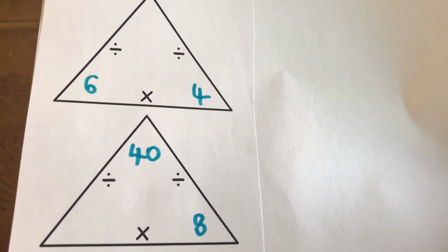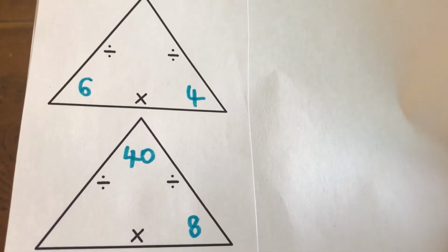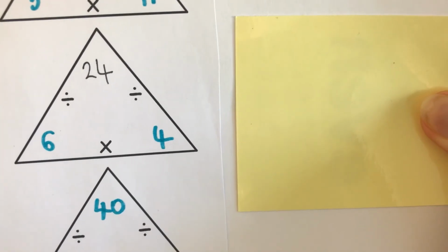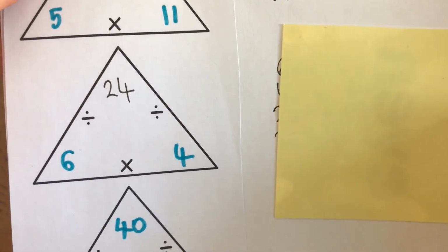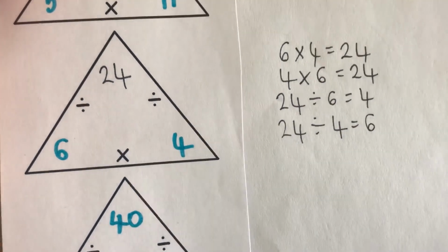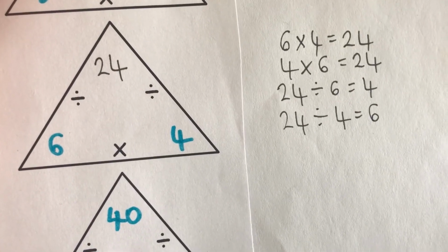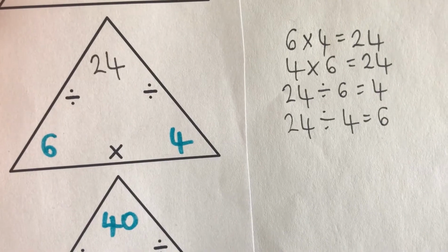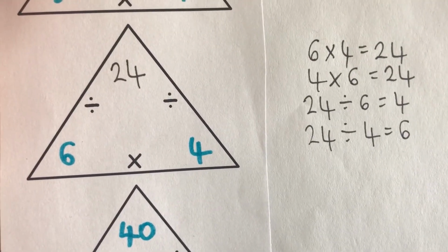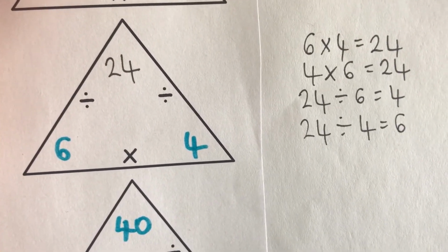It's 24. So let's have a look at the answers. Right, here we go then. Let's have a look at our answers. We've got 24 in our triangle. 6 times 4 is 24. 4 times 6 equals 24. 24 divided by 6 equals 4. 24 divided by 4 equals 6. How did you get on with that one?